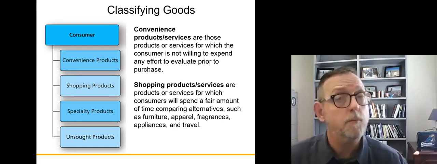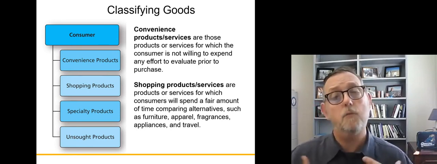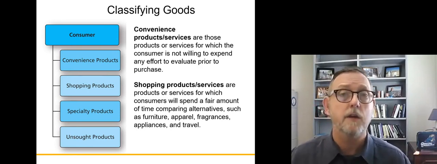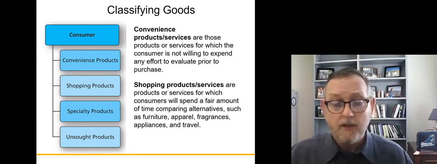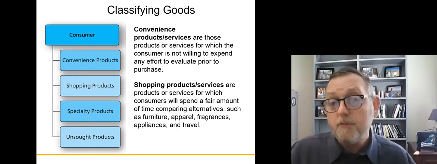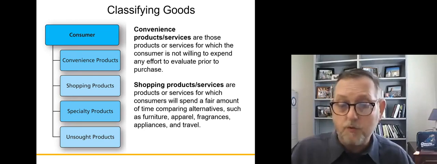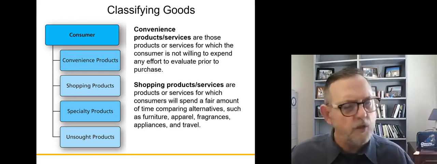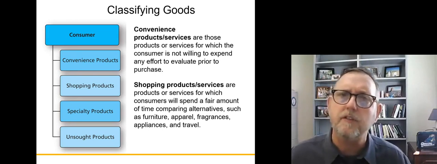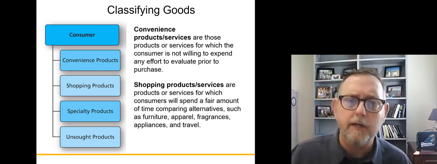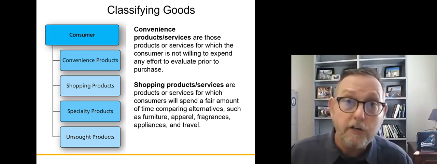When we move to shopping products, that changes quite a bit. A shopping product is a product where you put a lot more effort and thought into buying the good. Maybe a tangible good where you have 2 or 3 options and you're deciding between those options. When you go to buy a TV, you usually look at a couple different varieties before you buy one.